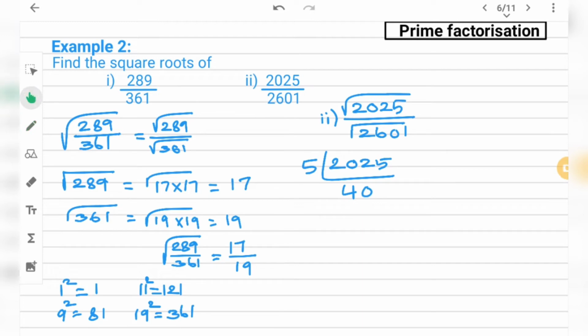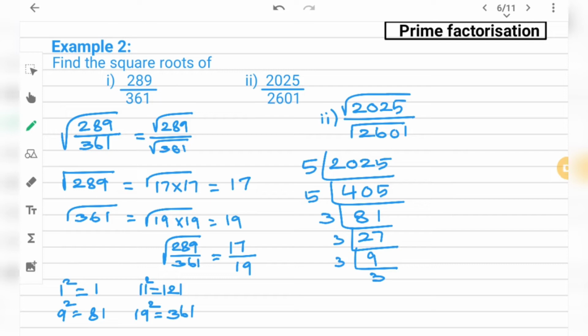Then 25 is there. I am going to write it here as 5. And next I am going to divide it by 5 because the ones place is 5. What will you get? 8, and here 1. It's 81. That is 3 times. You will get 27. Again 3 times 9. Again 3 times you will get 3.